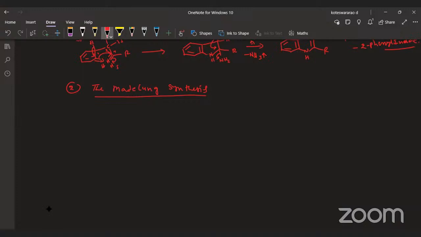2-Alkylindole can be synthesized by the cyclodehydration of N-acyl ortho-toluidine by treatment with a strong base such as potassium tertiary butoxide or sodamide. The reaction is shown below. This is the starting material.